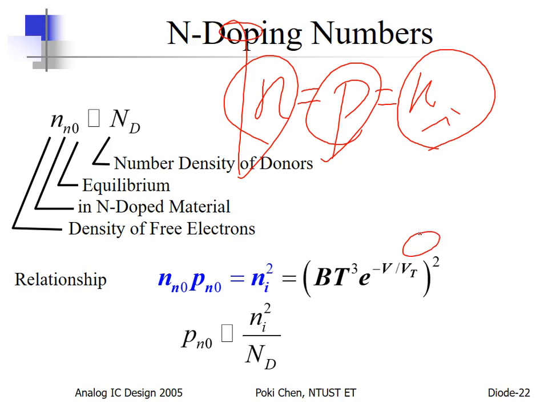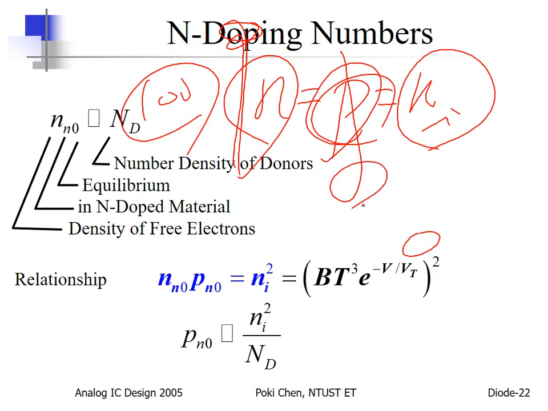According to recombination, it is much easier for holes to find free electrons. For example, if I increase electrons by 100 times, it means holes get 100 times easier to capture free electrons. The total density of holes will be reduced substantially by 100 times.